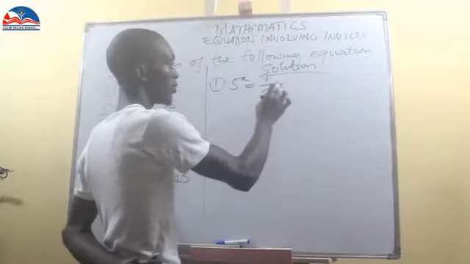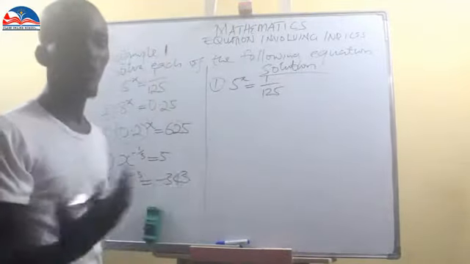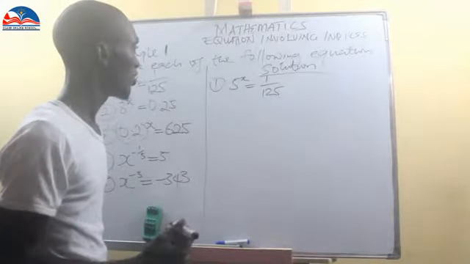Don't forget that 1 over 125 is the same thing as the inverse of 125.